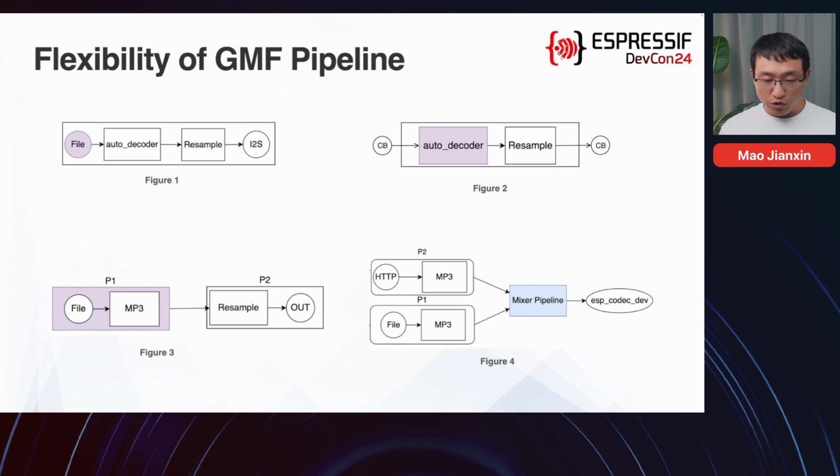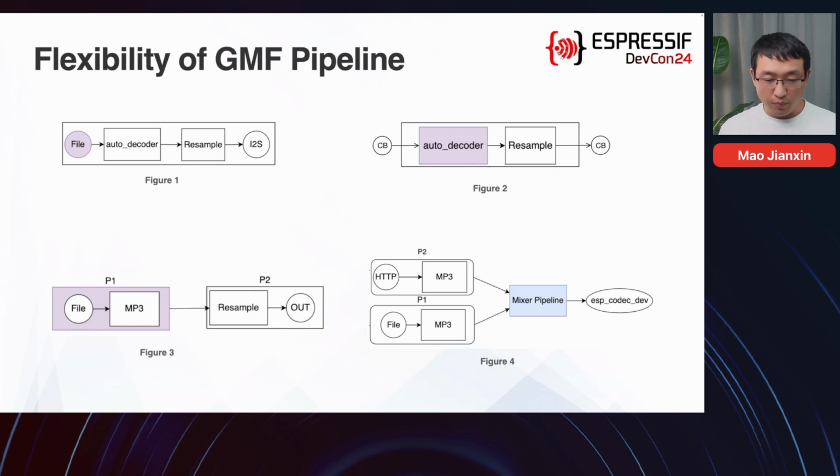The first diagram shows a pipeline for decoding audio from a file and playing via I2S. In the second diagram, the pipeline's input and output are not connected to ports, but use a callback function to allow the user to provide the data.